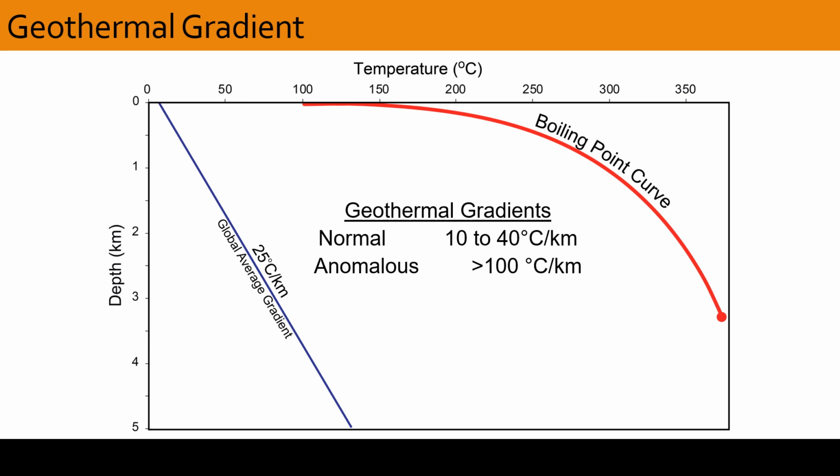For example, most areas, including the ground directly beneath your feet, have a thermal gradient of between 10 and 40 degrees C per kilometer. The one for 25 degrees C per kilometer is plotted as a straight blue line.